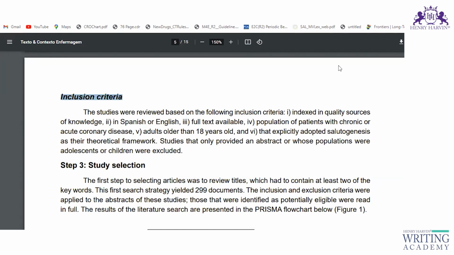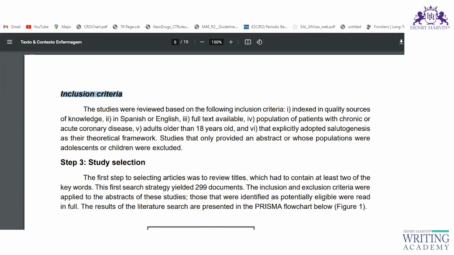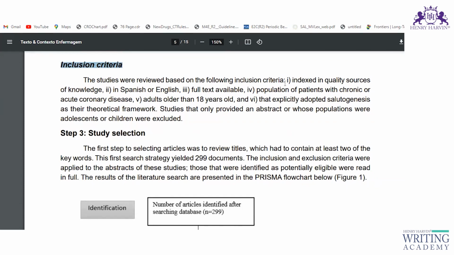Here the author has written, the studies were reviewed based on the following inclusion criteria: indexed in quality sources of knowledge. Quality sources of knowledge means the literature which has the maximum or most significant information related to the topic.